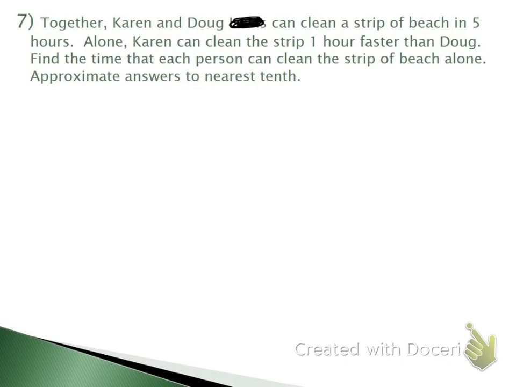Karen and Doug can clean a strip of beach in 5 hours. You guys see that new workout that's going crazy, where people like runners are working out, and as they're running, they pick up trash. Anybody seen that? The big viral thing is we're going to be environmentally friendly, which I'm all for.